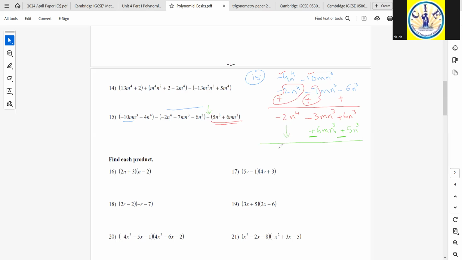So this is to be copied down without any change. And now minus 3 and negative 6, that is negative 9mn cubed, and then plus 6 and minus 5, that is only 1n cubed. And normally we do not write 1 as the coefficient, so this is the final answer.